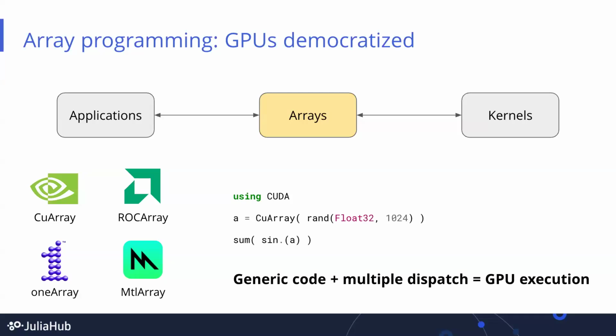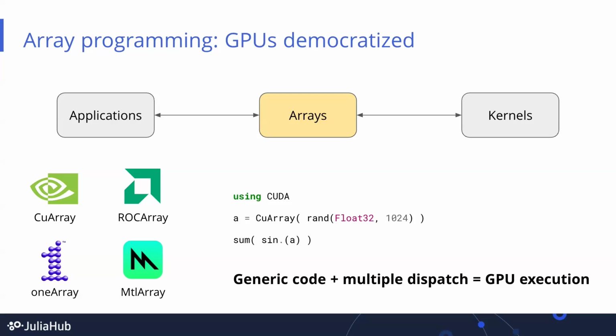And this is in part because of how Julia has been designed. It's because of Julia's array abstraction, but it's also because of Julia's multiple dispatch mechanism, allowing us to redefine functions like sum or broadcasting sign, which are defined in Base, and we redefine them in CUDA.jl with a GPU-optimized implementation.